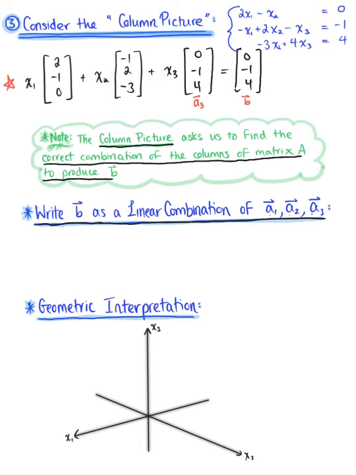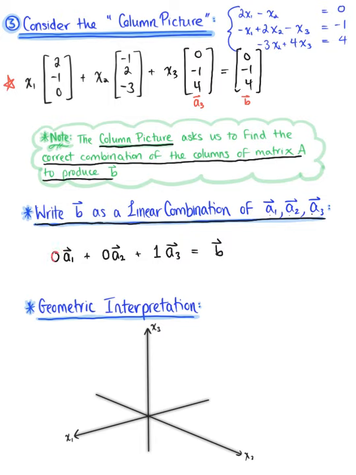Well, we're going to need none, or 0, of column vector A sub 1. We're going to need 0 of column vector A sub 2. And we're going to need just 1 of column vector A sub 3. This is the correct linear combination of these 3 column vectors to produce that constant vector B.